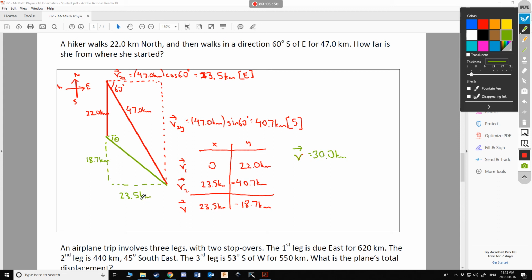So we have the x and the y components, so I can use inverse tan. Theta is equal to inverse tan of 18.7 over 23.5. 18.7 divided by 23.5, and we get 38.5 degrees.